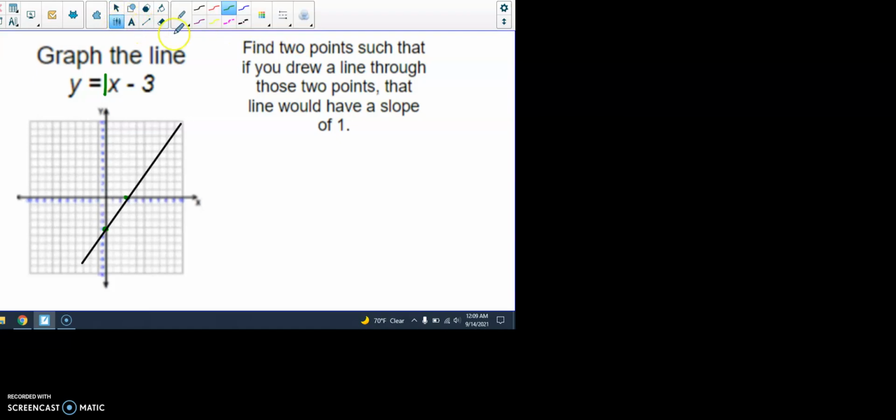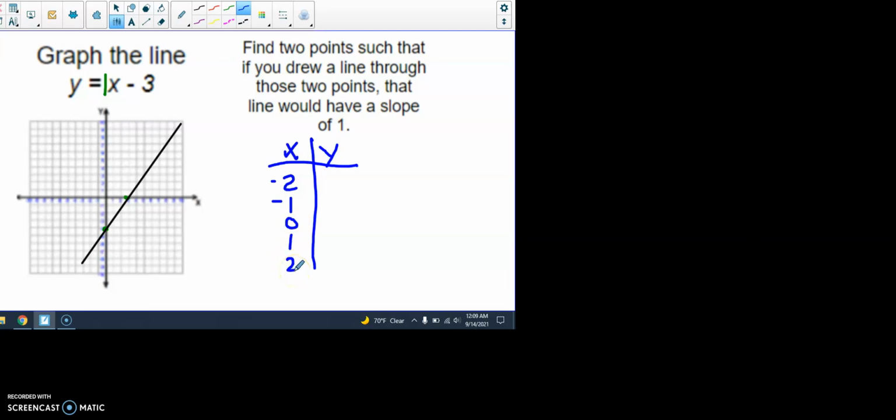Over here, it asks you to come up with some ordered pairs which would have a slope of 1. So if I do this as a table, consider putting the numbers in order, because I want the slope to be 1 over 1.